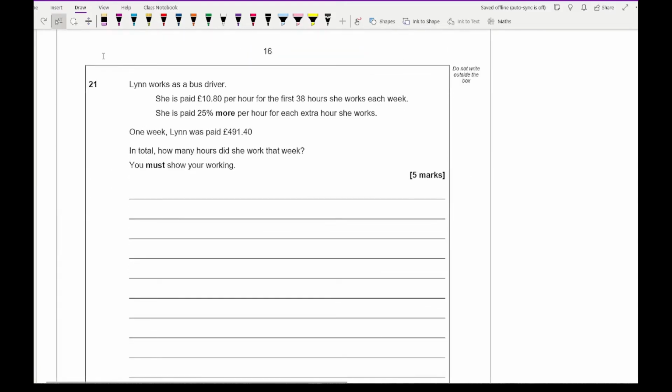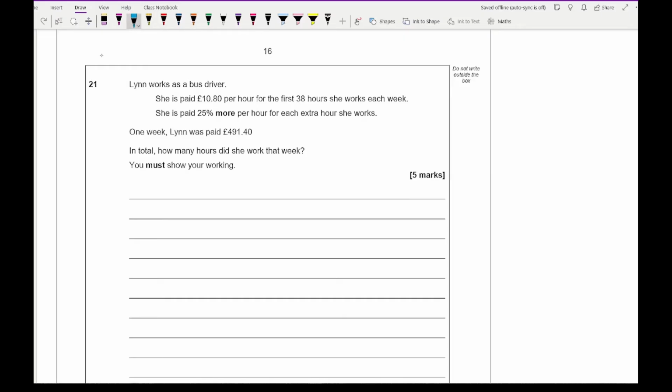Moving on to question 21, it says that Lynn works as a bus driver. She's paid £10.80 per hour for the first 38 hours she works each week. She's paid 25% more per hour for each extra hour she works. One week, Lynn is paid £491.40. In total, how many hours did she work that week? You must show your working out.